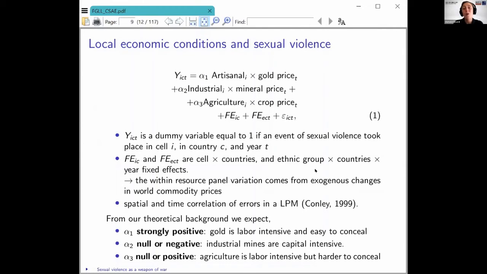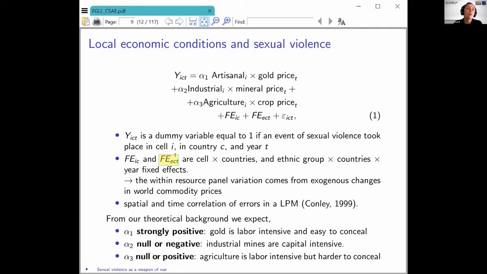standard framework where we consider the incidence of sexual violence in cell i in country c at time t, and we relate it to the value of the artisanal mining activity, of the industrial mining activity, and the agricultural activity, controlling for a rich set of fixed effects that will account, among other things, for the institutional setting in a given country, whether there's a conflict going on in that country, and even, at a finer level than the country, the level of the ethnic homelands.